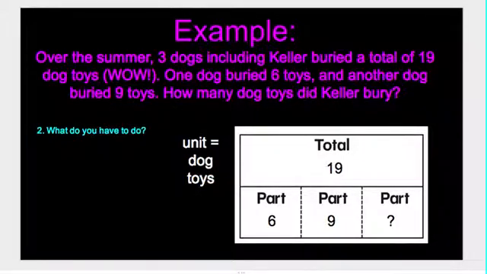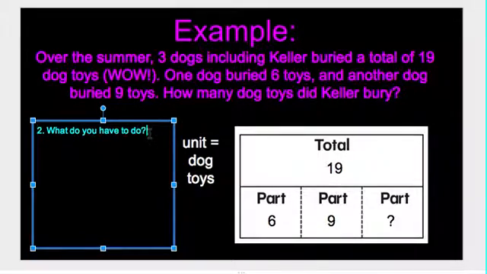Okay. The second part is, what do we have to do? Well, to solve a word problem that has one missing addend among 3 or more addends, 2 steps are required in this problem. So we need to do 2 steps.